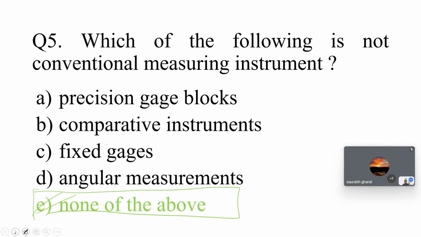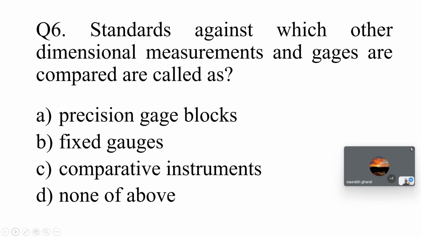This is the sixth question. The standard against which other dimensions and measurements are compared is called what? What are the standards that are used to calibrate other things? With fixed gauges, comparative instrument, none of the above, we definitely have an answer here.